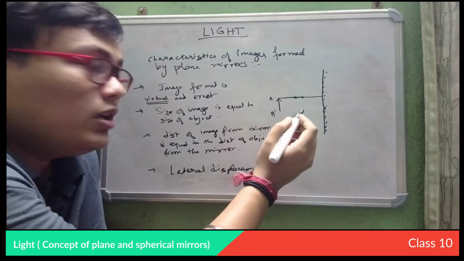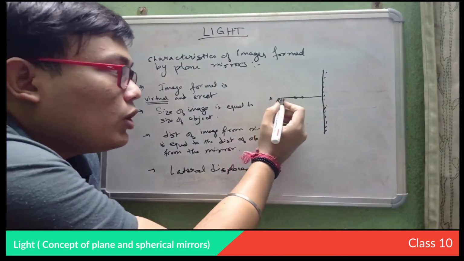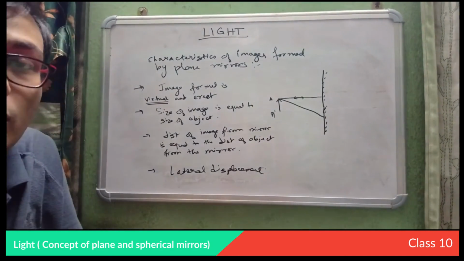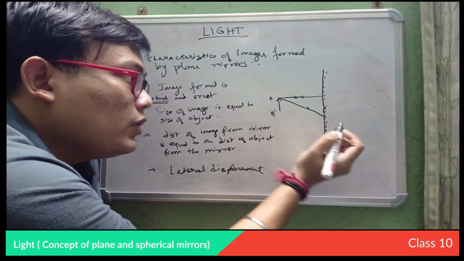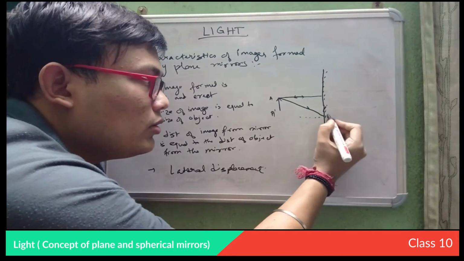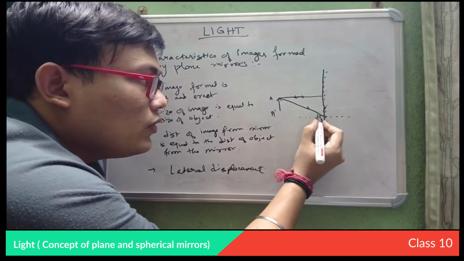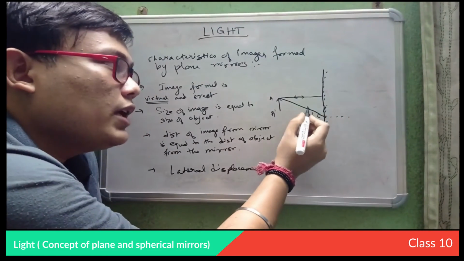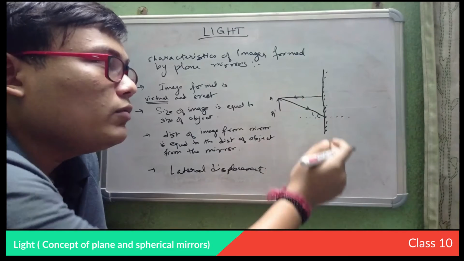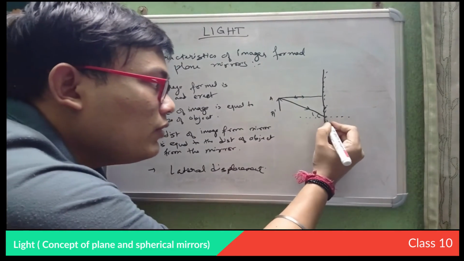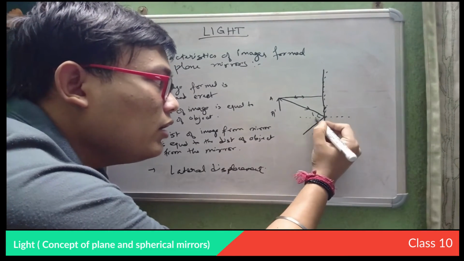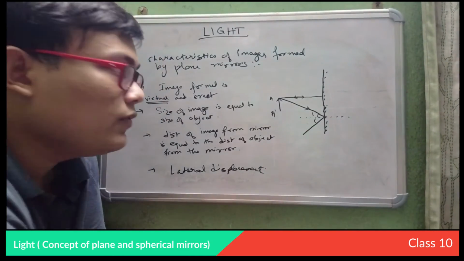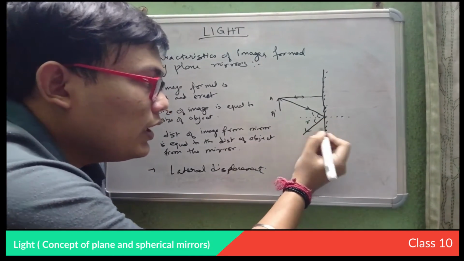Let's take another ray which is reflected from the object and it strikes the mirror somewhere here. If we draw the normal here, there is an angle of incidence, right? So this ray will be reflected back from the reflecting surface of the mirror with an angle of reflection r, which is nothing but equal to this angle of incidence, right?